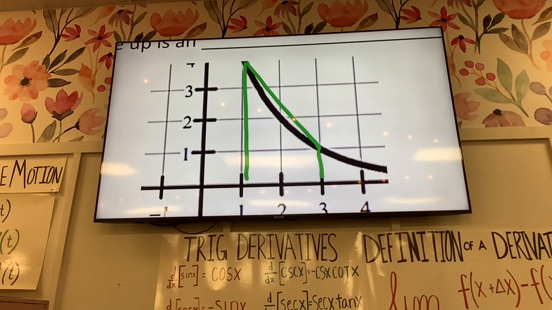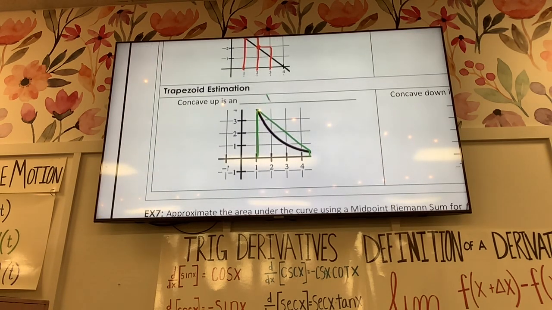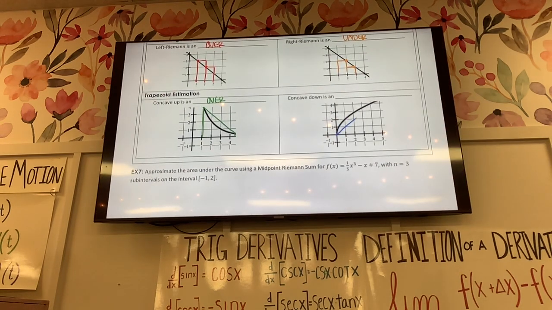It's really hard to see, but there's a sliver. Sometimes it helps if you just draw the triangle. You can kind of tell you're going to be over. And then this one, if you drew a triangle with your x-axis, you would be under.